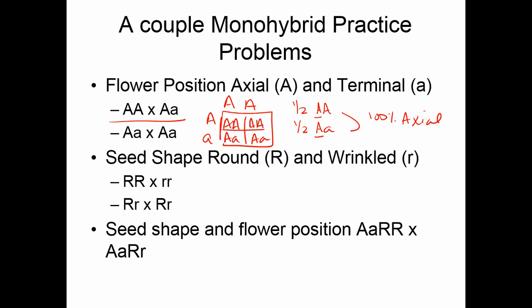So let's do seed shape and wrinkle. Oh, sorry, you could do this practice problem off to the side. Go ahead and try that one. I skipped one. Set up the Punnett square. Remember, one parent goes on top and one goes on the side.